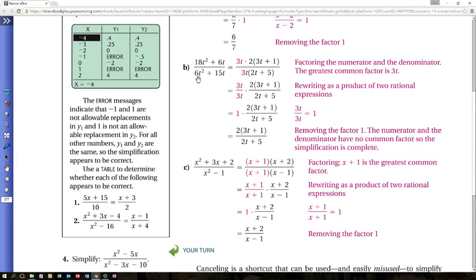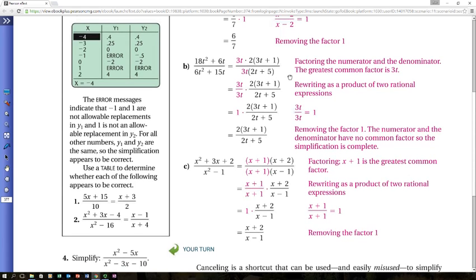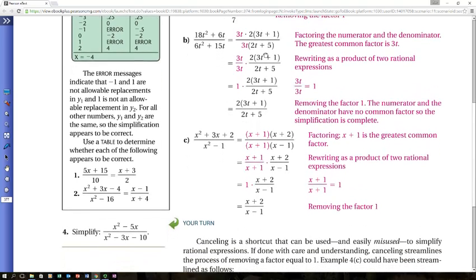Well, this denominator, 6t squared plus 15t, the common factor between these two, because you always look for that first, is 3t. Now 3t is just 3 times t. Those are both prime factors, and 2t plus 5 is a binomial. I can't factor that anymore, so that's prime. So I recognize, hey, I've got a 3 and a t that are common factors between the numerator and denominator.